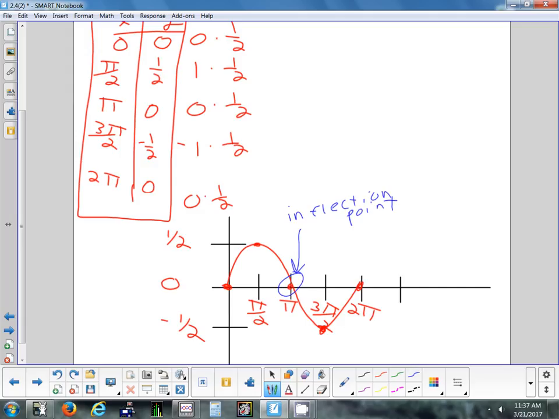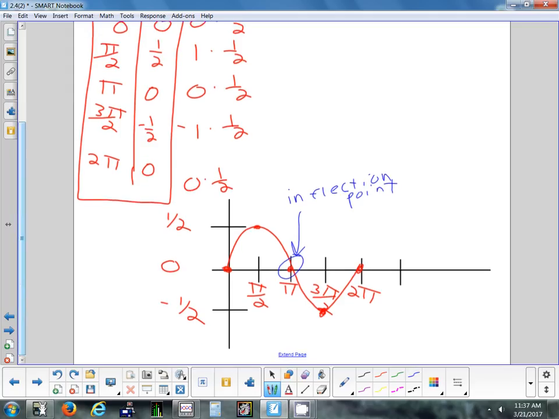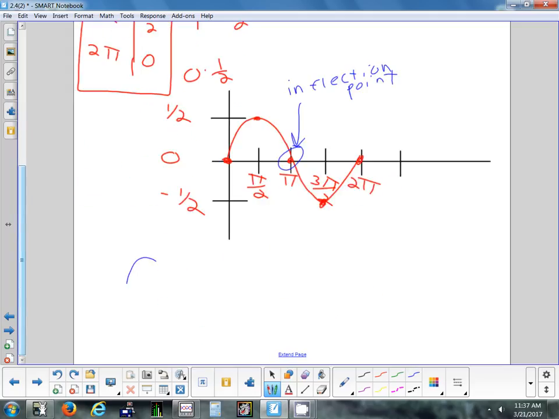What's happening at that point is, if you look at the curve on the graph, I'm going to exaggerate it a little bit. Let's say we had something like that. Before that point, in that section, which way is the graph opening? What I just traced in red. That part opens down. And after that point, this section is opening what way? Up.